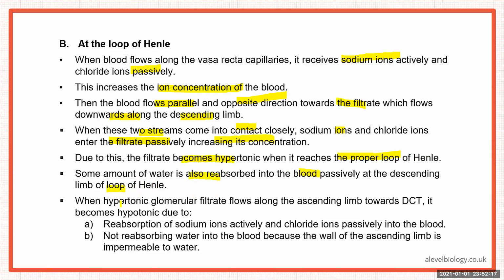When the hypertonic glomerular filtrate flows along the ascending limb towards the distal convoluted tubule, it becomes hypotonic. As we were discussing a while back, it happens because of reabsorption of sodium ions actively and chloride ions passively into the blood. And as this part of the loop of Henle is impermeable to water, no reabsorption of water will take place in the ascending limb, right?